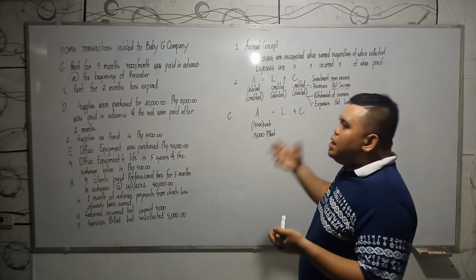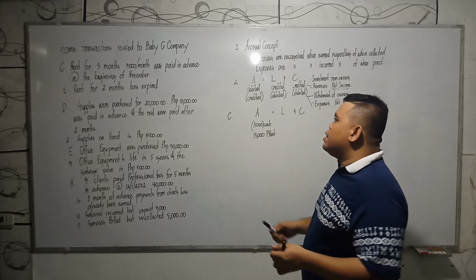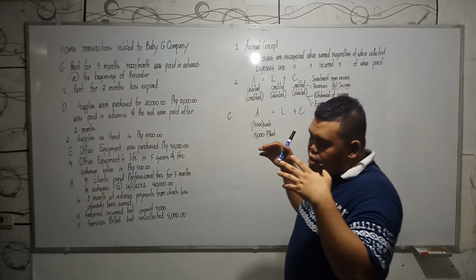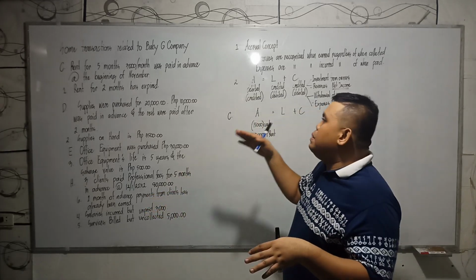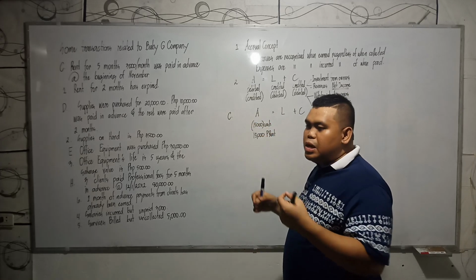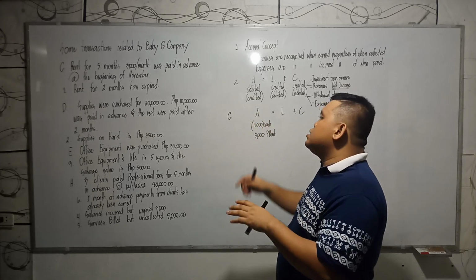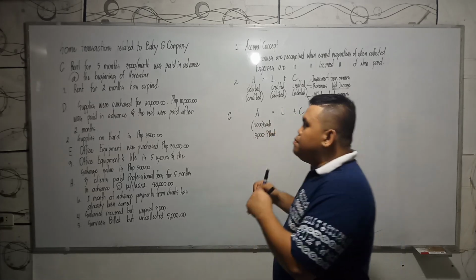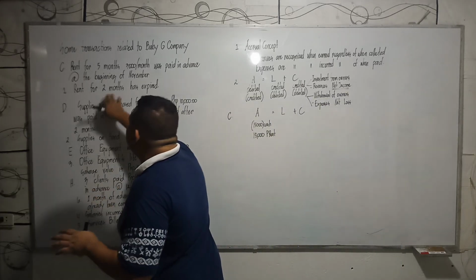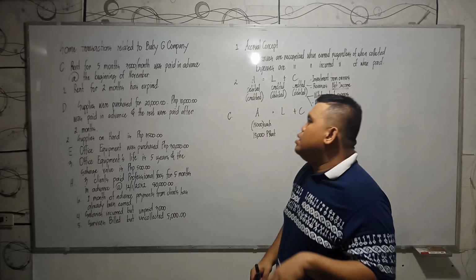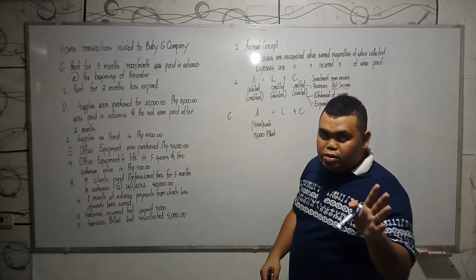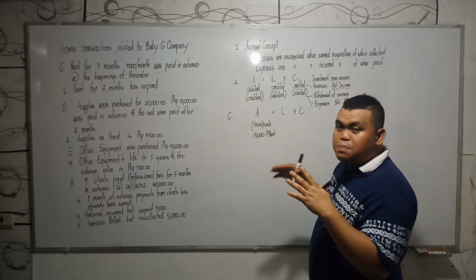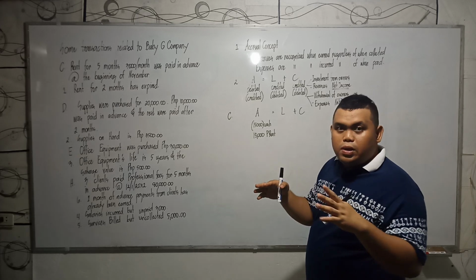However, let me emphasize again that this prepaid rent is just a temporary asset. Why? Because as time passes by, that will become expense bit by bit. Like for example, after 1 month, of course, 3,000 will become expense. You follow? And then, since we have number 1 here, it's very clear that the rent for 2 months has expired. So meaning, a portion of this prepaid rent should already be expensed. That's what I told you. Okay?